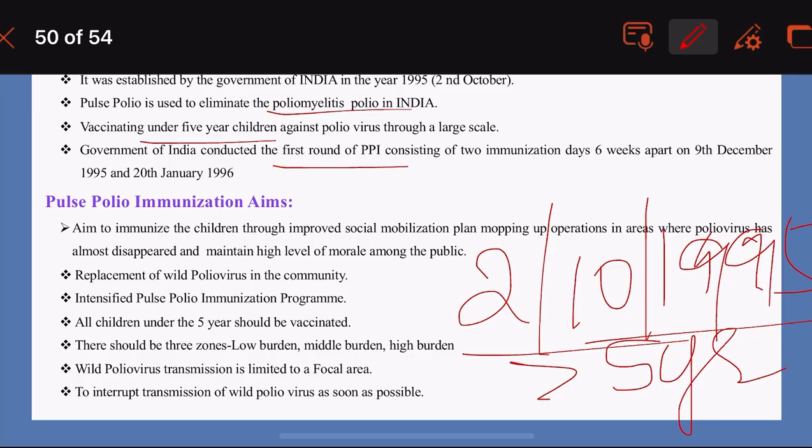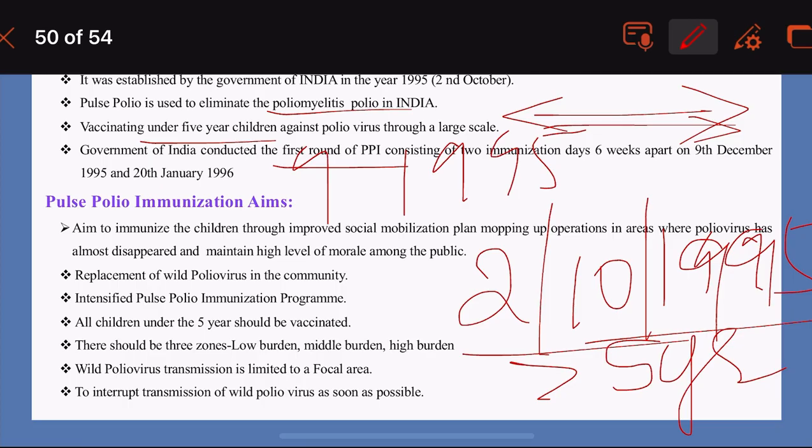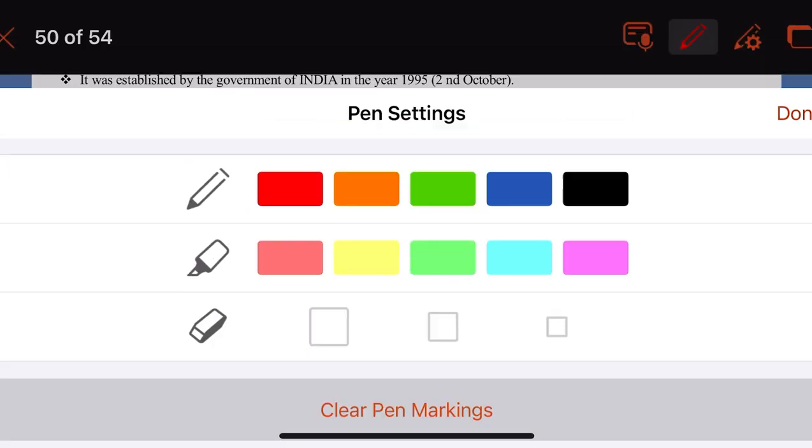And then they conducted the first round 6 weeks apart, on 9th December 1995, and again the next was conducted on 20th of January 1996.